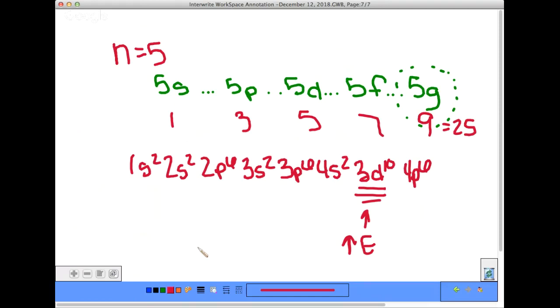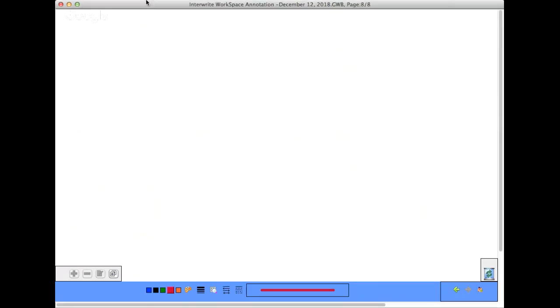Okay, successive ionization energies. Let's look at that. All right, let's look at one that was not in our notes. Hold on, I'm bringing up the periodic table just so I have something to reference.